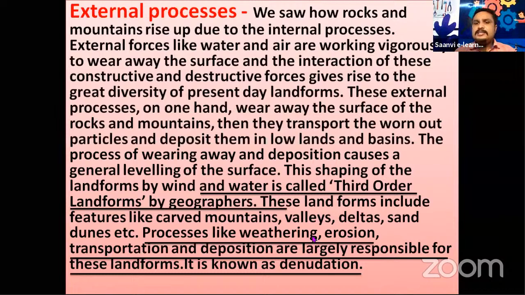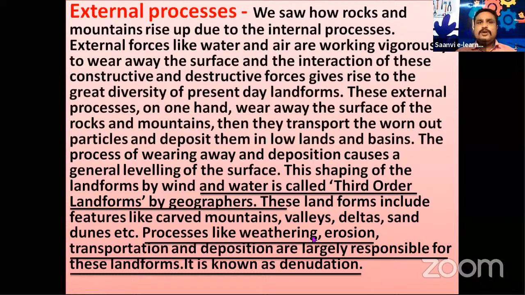These are largely responsible for these landforms. That is called denudation. Underline and write in your running note. What do you mean by denudation? The processes weathering, erosion, transportation, and deposition. All these together. Got it?